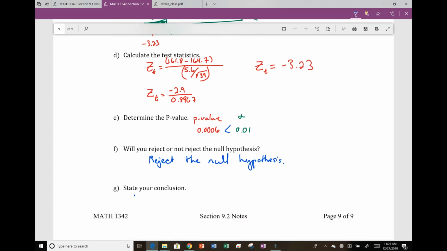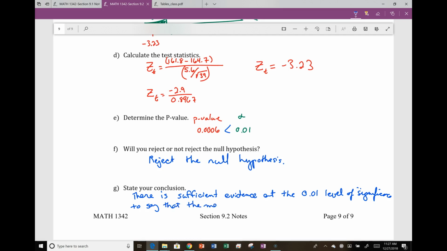So our conclusion: there is sufficient evidence at the 0.01 level of significance to say that the mean weight of women in the community is lower than 164.7 pounds.